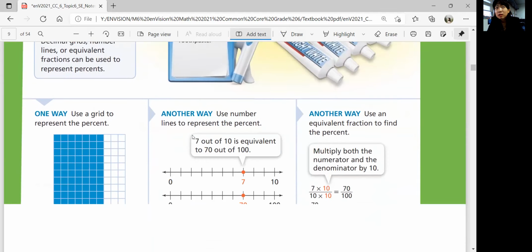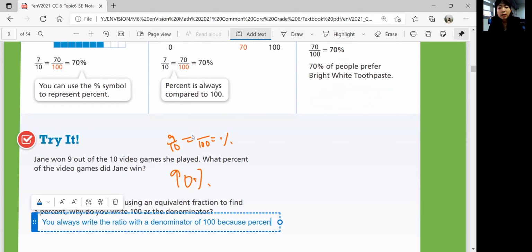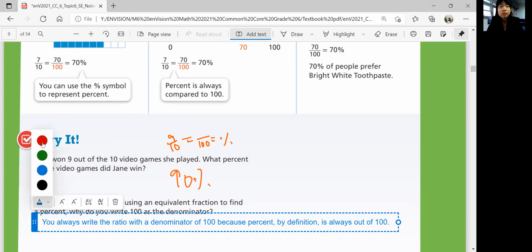That's the definition of the percent, right? So you always write the ratio with a denominator 100 because percent by definition is always out of 100. Okay, this is very important.